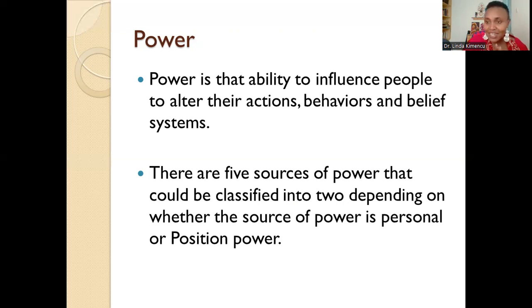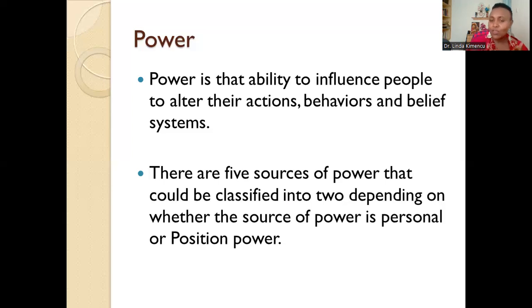We have so many leaders who have this kind of personal charismatic power. Sometimes they use it for good, other times it can be used in a bad way. But the most important thing is to know what kind of powers people have so that they can influence people to actually act.